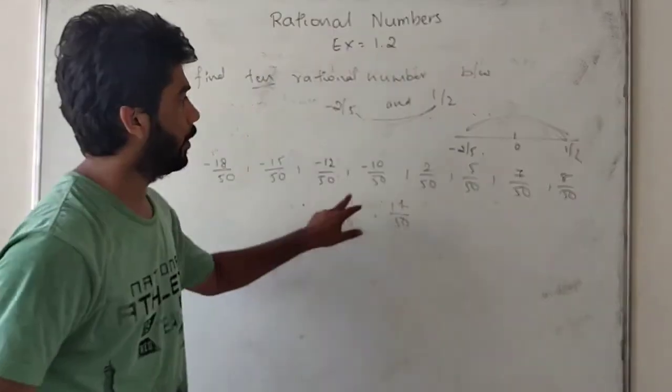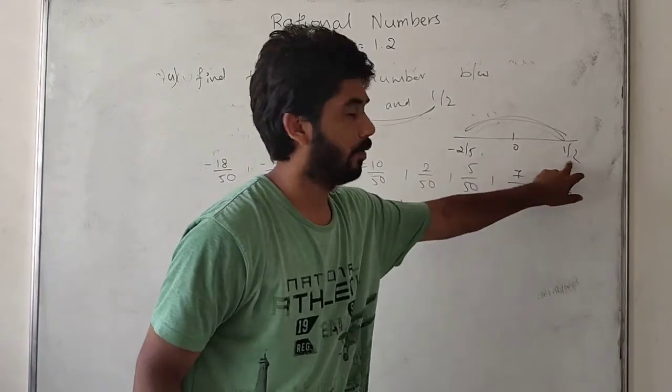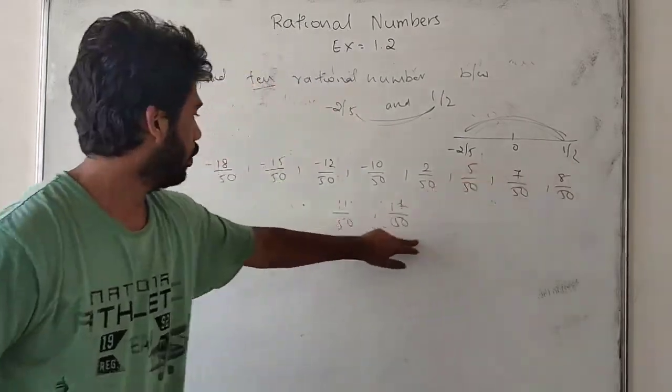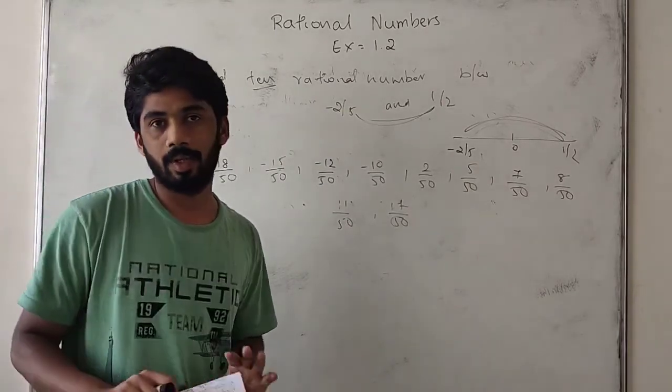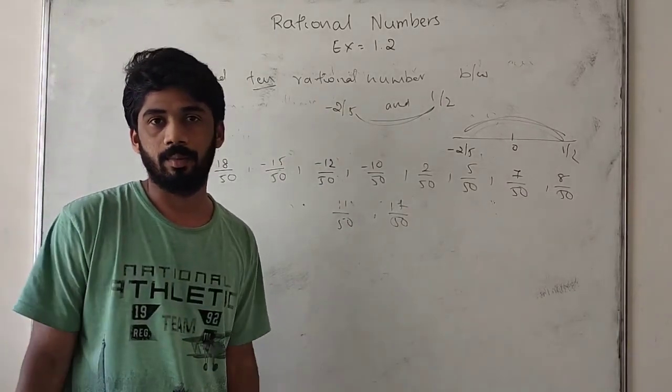These are the numbers in between minus 2 by 5 and 1 by 2. In this way we have to write the numbers. We can take any number, there is no rule for a particular number. You can take any number.